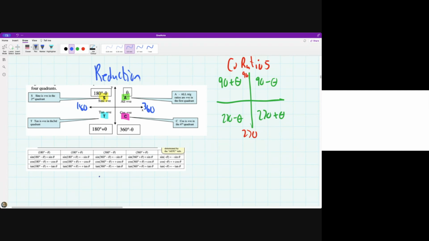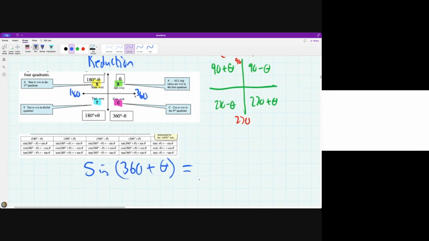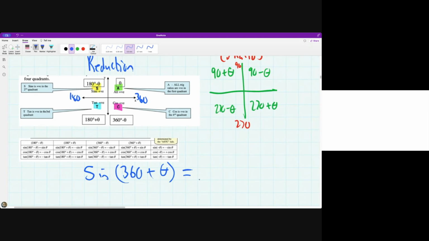Just to check your reduction formula knowledge, if I say to you, what is sine of 360 plus theta, could you reduce that for me? Will it be positive or negative? And can you reduce that for me? These are the little skills you need to be comfortable with.